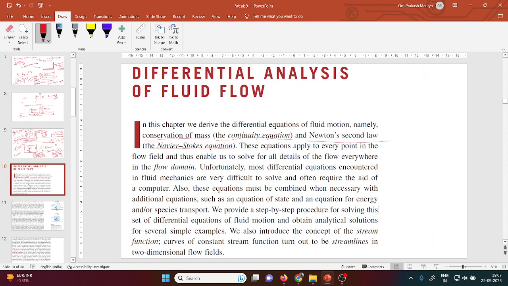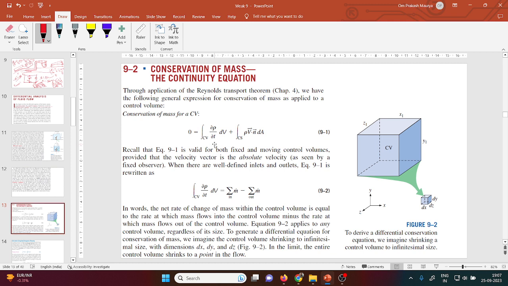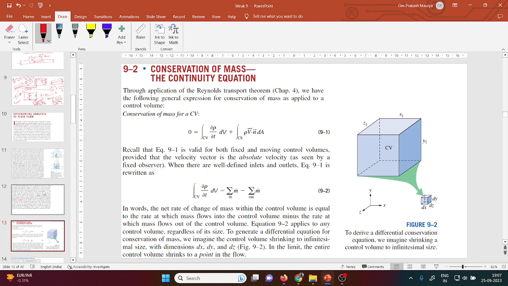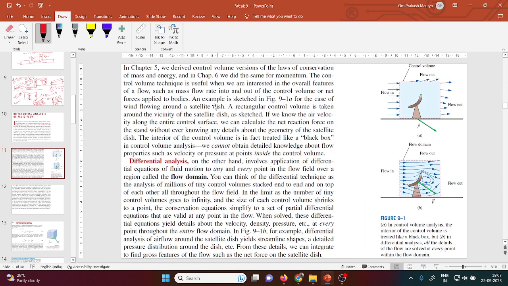Actually this is very important, because before going into much discussion on conservation of mass and conservation of momentum and how they can be derived, it is very important to understand why we are going to do it and how we can approach the problem.